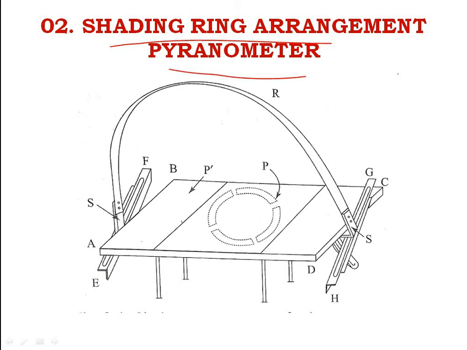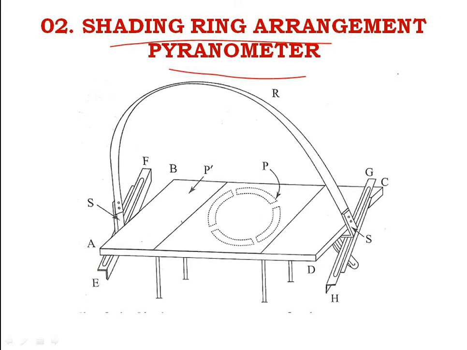The shading ring is fixed in such a way that its plane is parallel to the plane of the path of the sun's daily movement across the sky. It shades the thermopile element and the two glass domes of the pyranometer at all times from the direct sunshine. Consequently, the pyranometer measures only the diffuse radiation received from the sky.